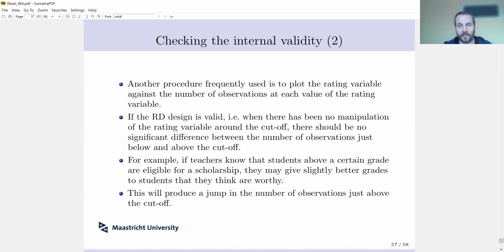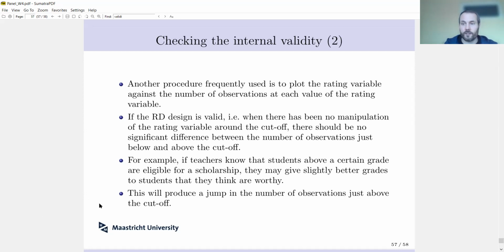In other circumstances, it can simply be that people can self-select into the treatment. They know more or less what the cutoff will be, and they have the possibility to jump just across the cutoff. So they have the possibility to self-select into treatment. And as usual, individuals self-selecting into treatment, that's never good for our causal interpretation.